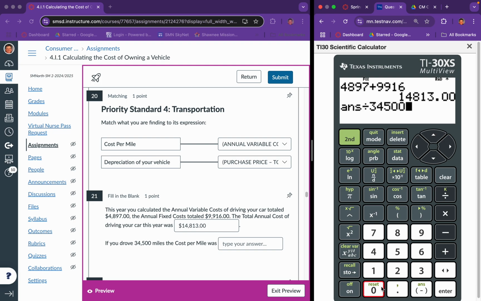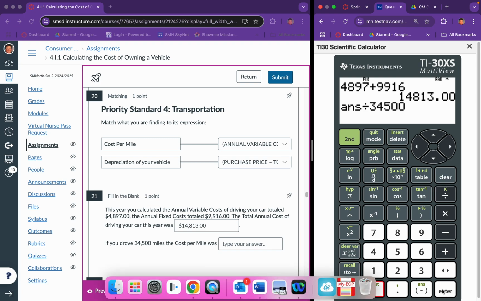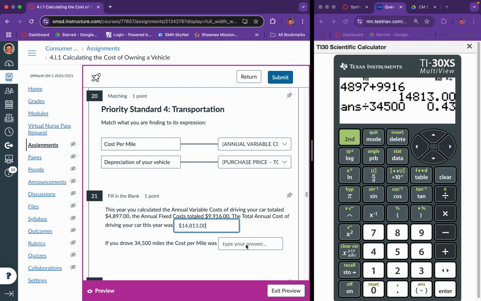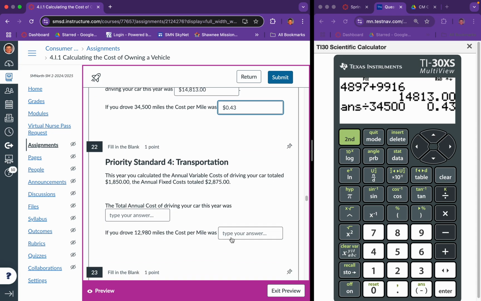You put a lot of miles on your car. Putting a lot of miles on your car will keep this number high. The more you drive your car, the more you need to buy gas. So your car is 43 cents a mile to drive. 0.43. So 0.43. All right.